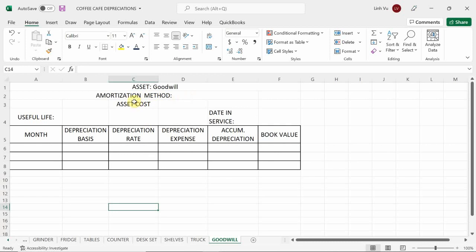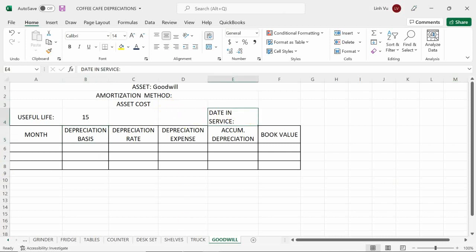Amortization method, same thing. How much is the estimated useful life? We said 15 years, and we know for a fact that intangible assets should not have any value at the end of their life. Think about licenses and patents: you have to renew those, so you're adding value to it, and it should have no value at the end of its life.